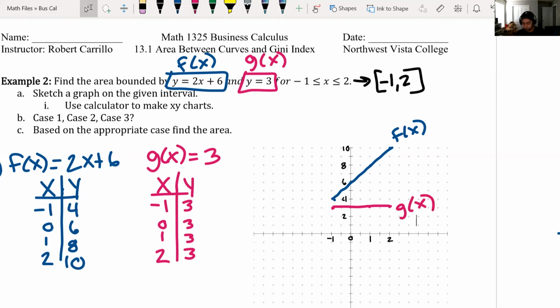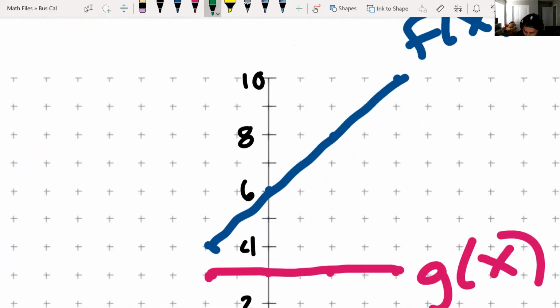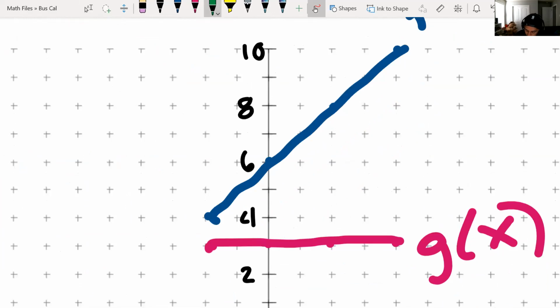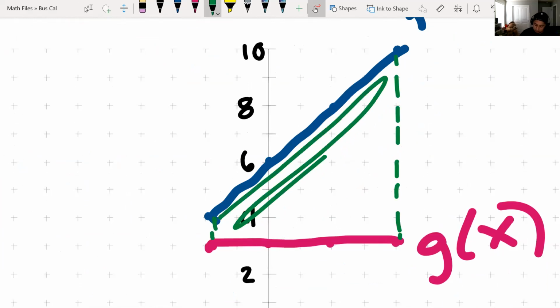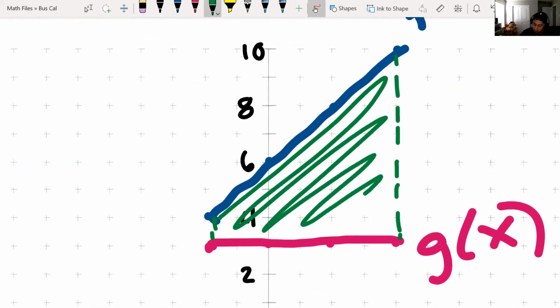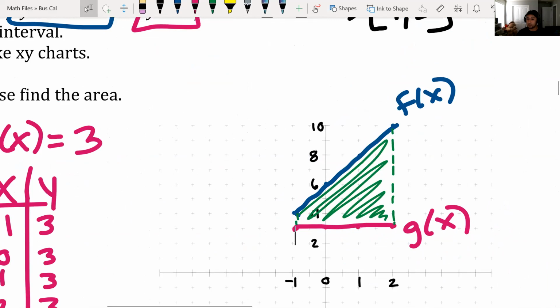Okay. Once again, zoom in. We want to find the area between these two graphs. And once again, here it is. F of x is above g of x, which means we will use case 1 again.